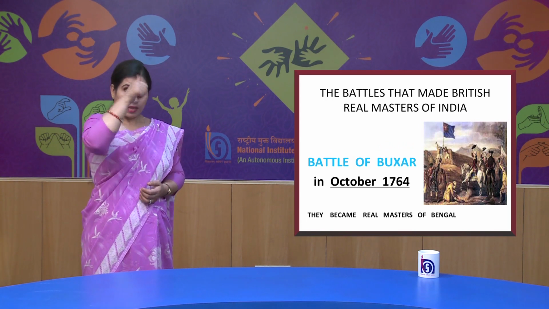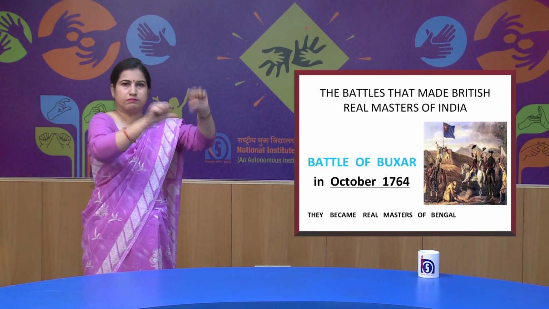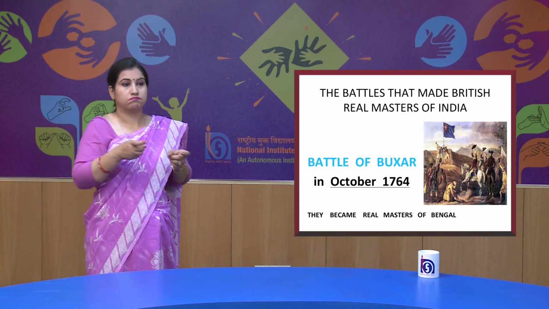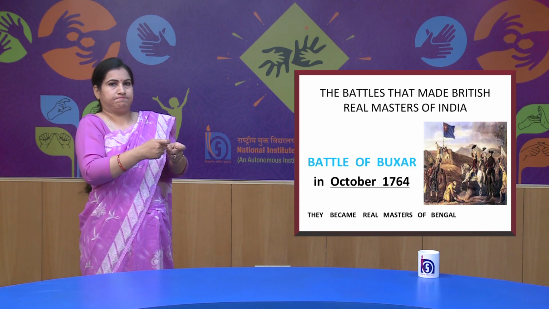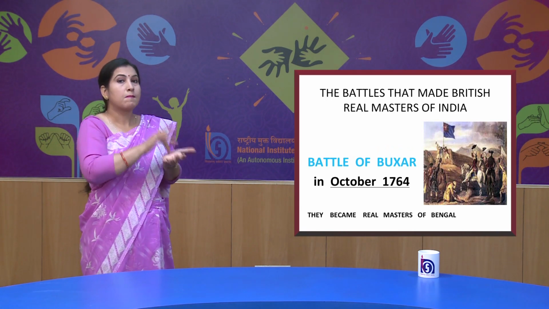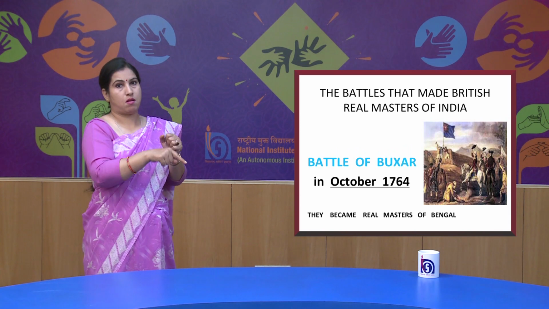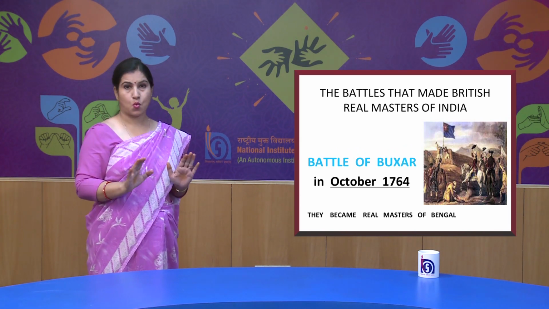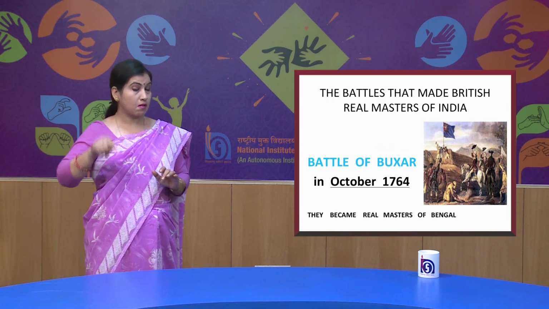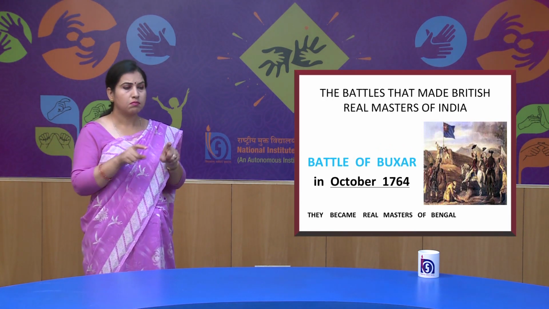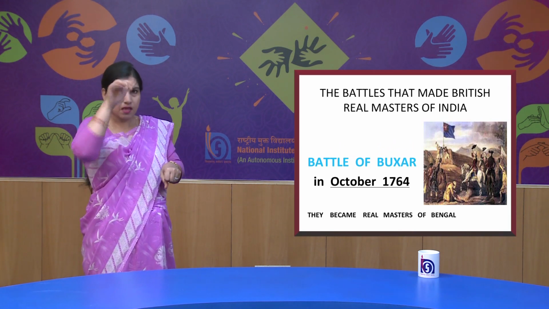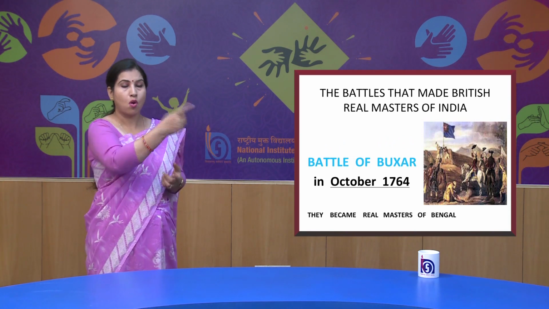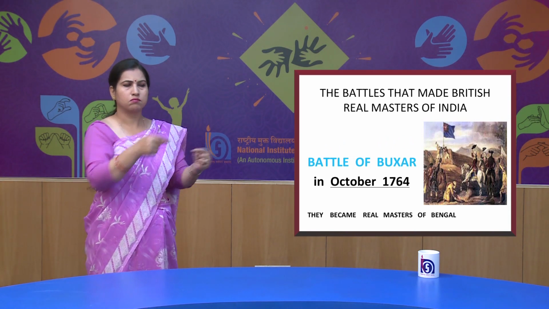The Indian side was badly defeated in this battle, and the hold of the British was firmly established over Bengal. However, it was not easy for the Englishmen to occupy the rest of India as many regional powers opposed them.